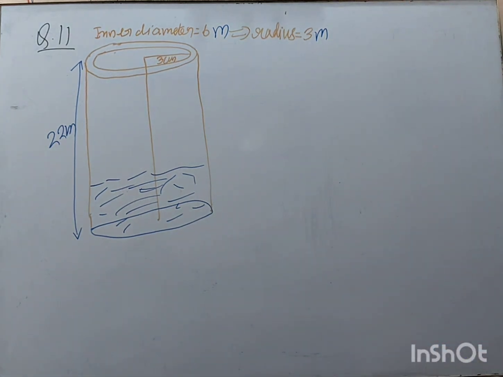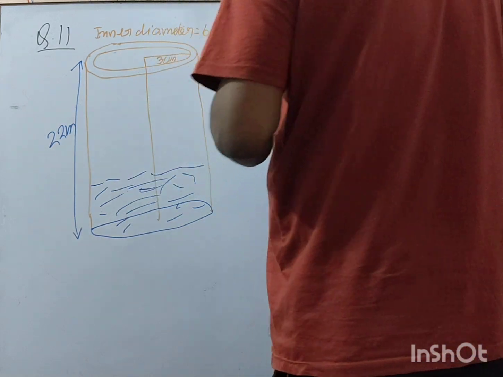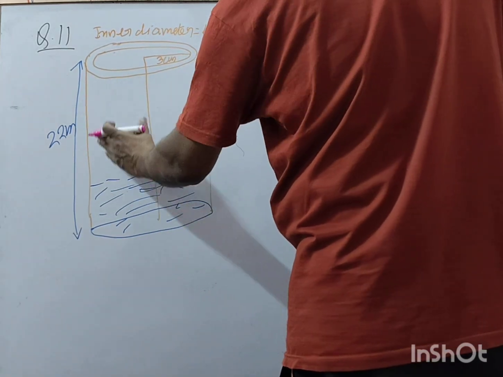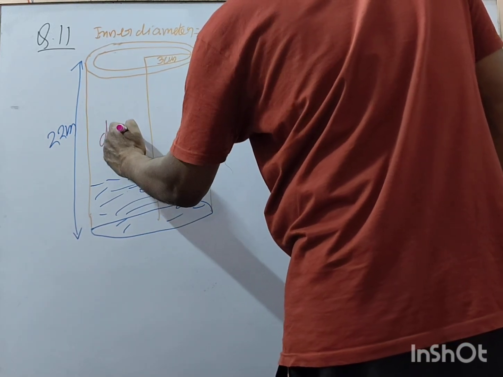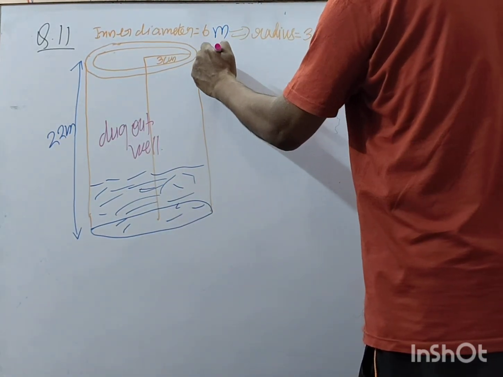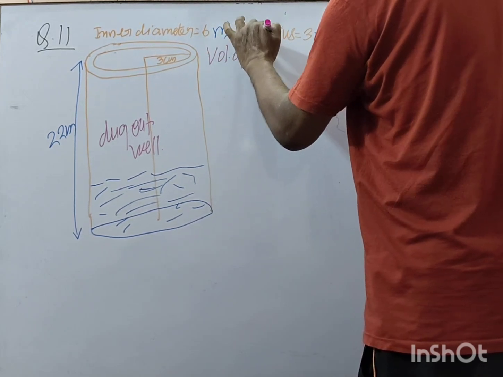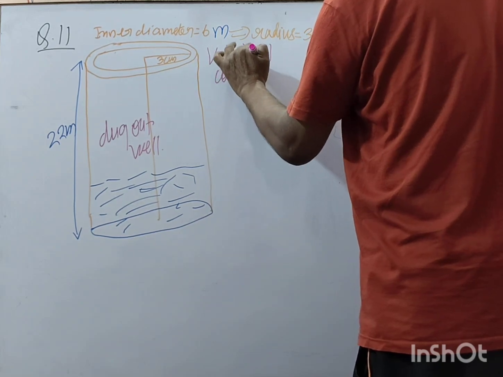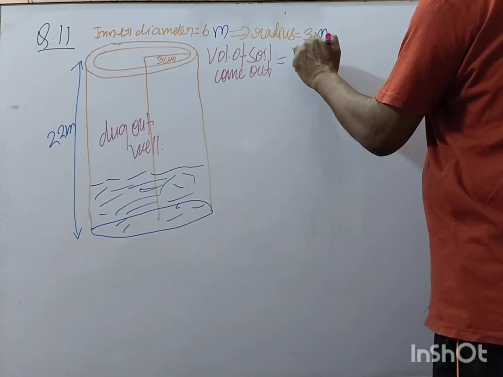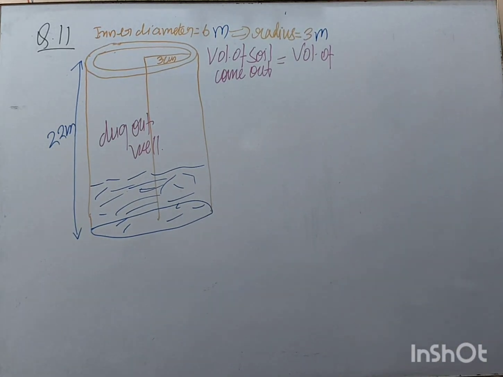Soil taken out of it has been spread evenly all around it to a width of 5 meter to form an embankment.